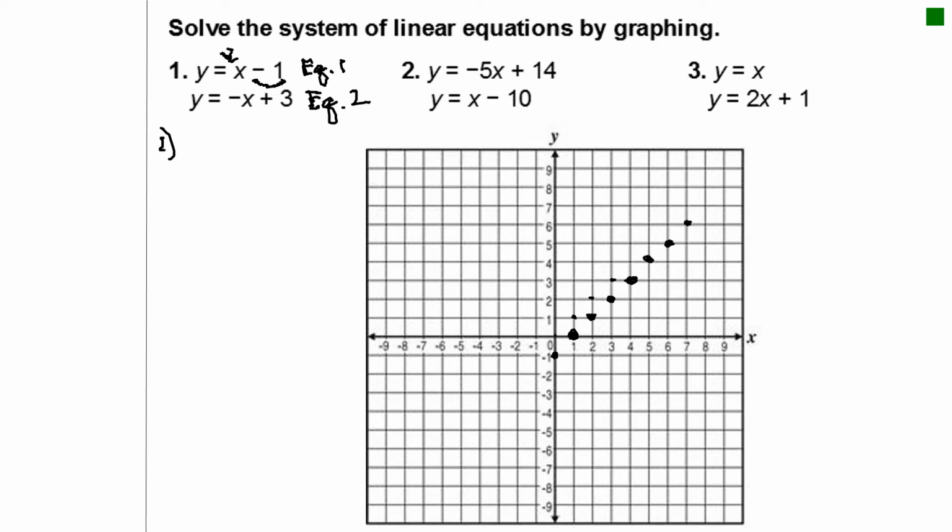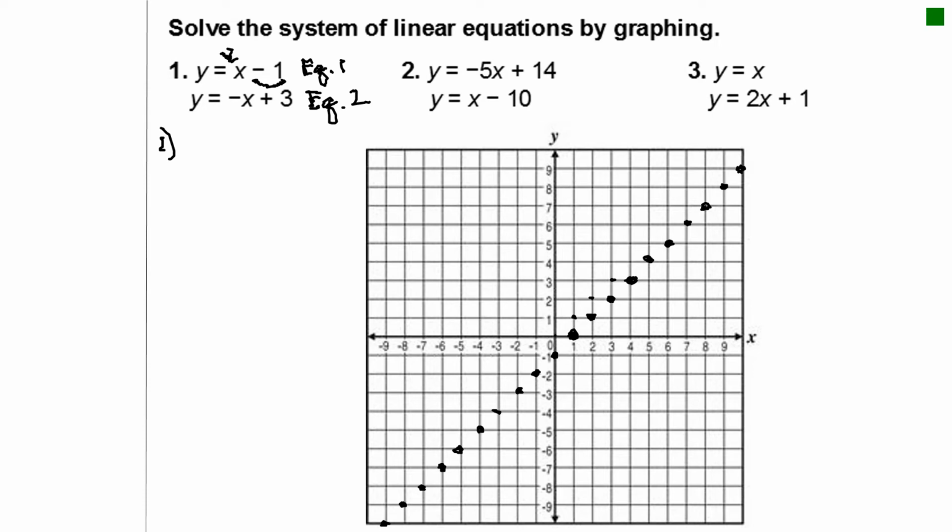All right, I'm looking for my break-even point, so the point at which they cross. This is the easiest way to visualize where the graphs cross without getting into algebra. All right, graph 1 is done.